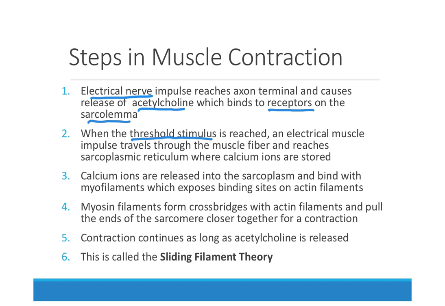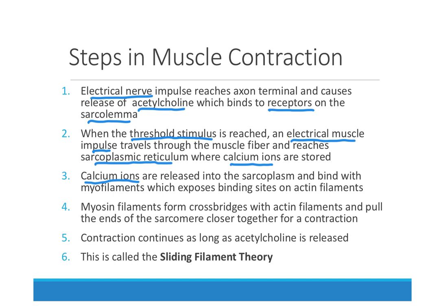And when that threshold stimulus is reached, then an electrical impulse actually travels through the muscle, and it reaches into the sarcoplasmic reticulum, the muscle version of the endoplasmic reticulum, where calcium ions are being stored. That electrical impulse causes a release of calcium ions from the sarcoplasmic reticulum.